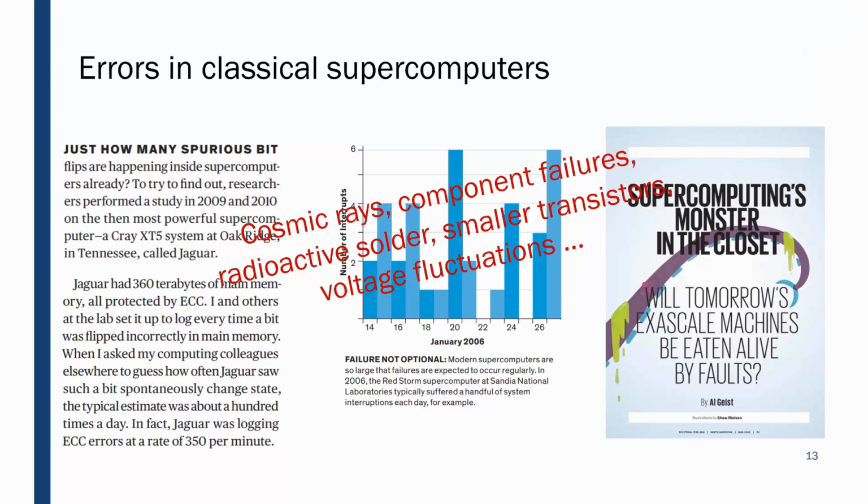I have a question. Mm-hmm. So this article, I read the paragraphs on the left side. It mentions that there were 360 terabytes of main memory all protected by ECC. But is it saying that even the ECC memory was still having failure rates? Yes.